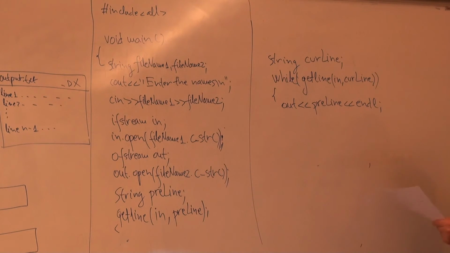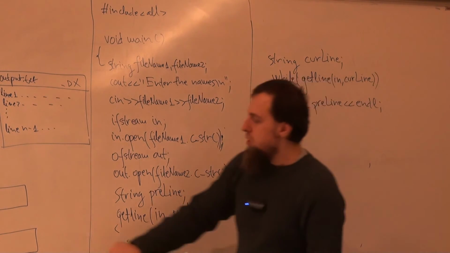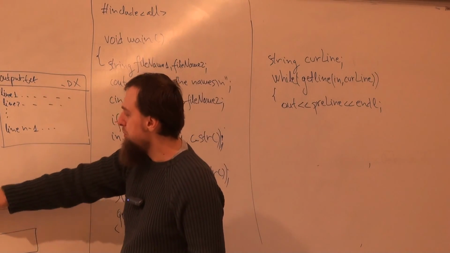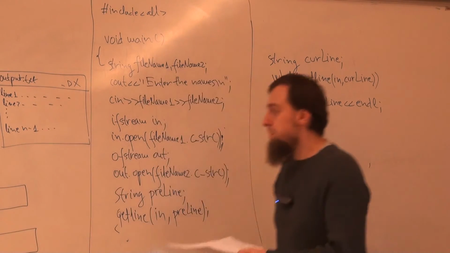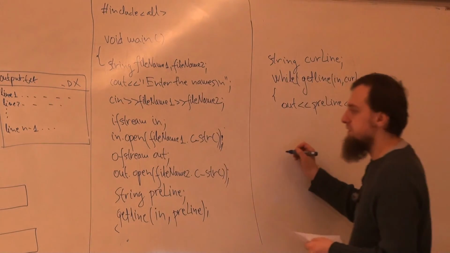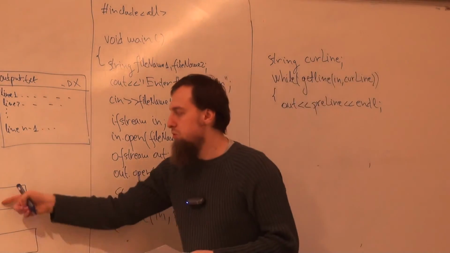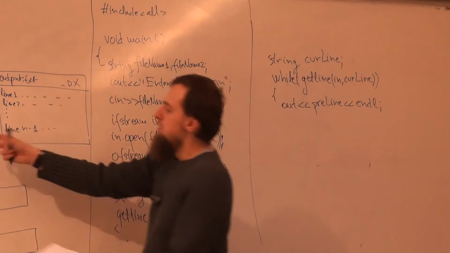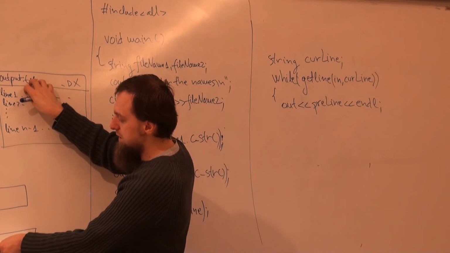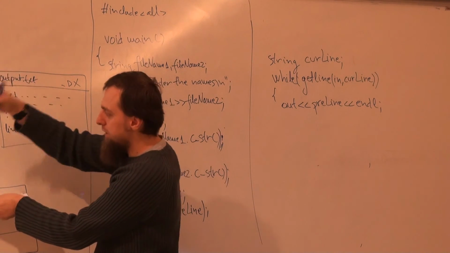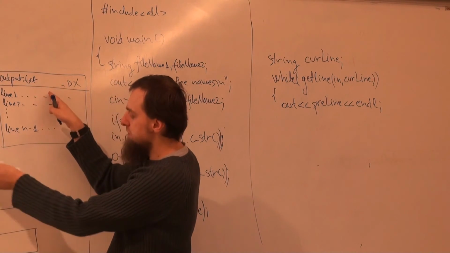And of course, what do we do here? When I put the previous line here, the current line should come here to the previous line. That's why I say the previous line is equal to the current line. So I read one. If I can read it, I put it here, and the thing that I have just read, I put it here. So if I can take another line, I put the previous line here.